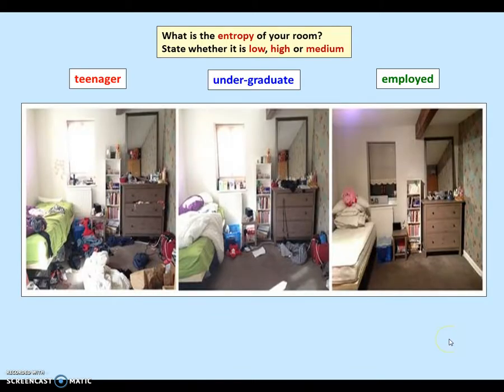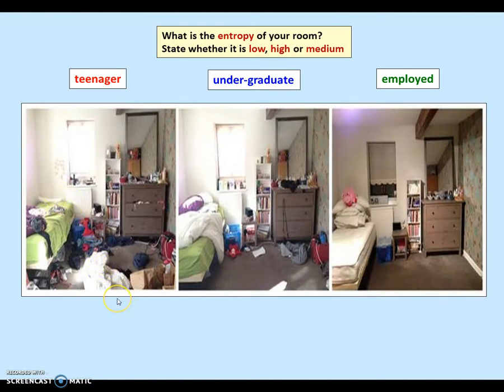Certainly this is a favourite one of teachers. We like to think of it that we have our nice ordered bedrooms here. When you're an undergraduate, you're perhaps a little more messy, but certainly back in the teenage days, if we can remember back that far, it looks a bit more like this.